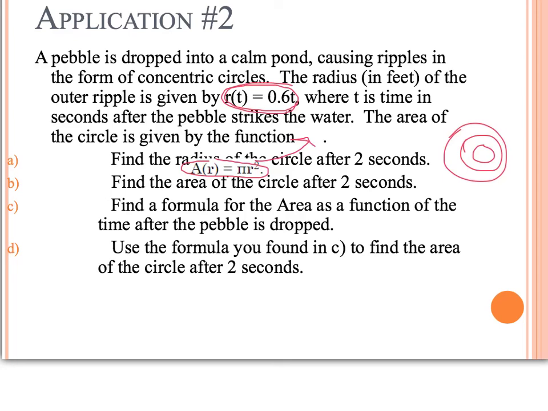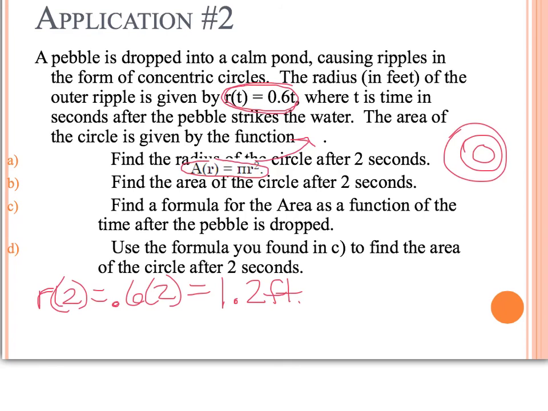So find the radius of the circle after 2 seconds. So r of 2 is equal to 0.6 times 2, which is equal to 1.2 is my radius, feet. And then the area of the circle after 2 seconds.